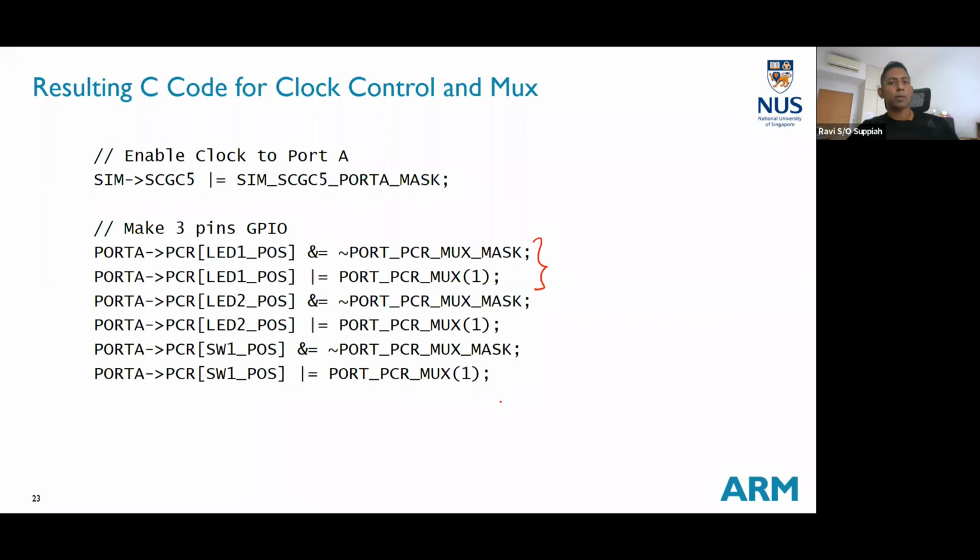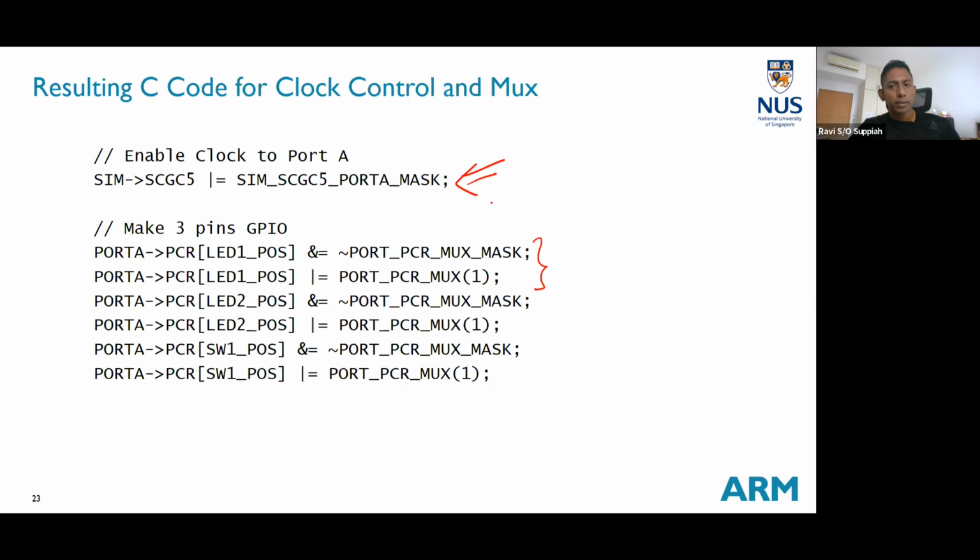In this example, the first line here is to enable clock to port A. As we saw earlier, SCGC5 is the register that is controlling the clock gating for all the different GPIO ports. And by writing a 1, you are going to enable that particular port. So this one is to enable the clocking.